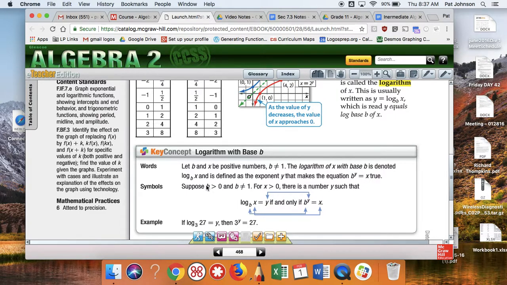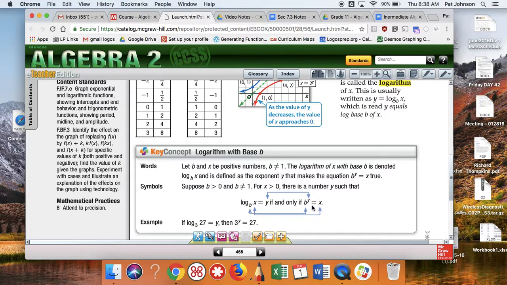So it's a bunch of fancy words. Basically they're saying if b and x are greater than 0 and b is not 1, then there is a number y such that log base b of x equals y is true if and only if b to the y equals x.